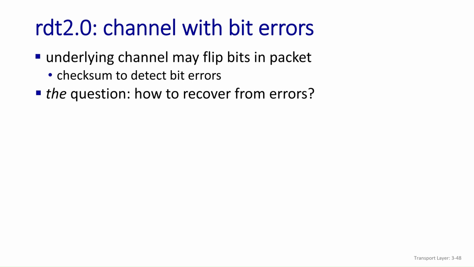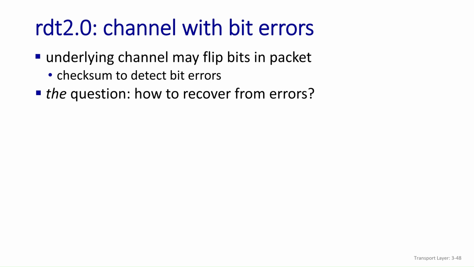So this new reliable data transfer mechanism is called reliable data transfer 2.0, right? And now the characteristic that we are introducing in the underlying channel is that it can introduce errors. It's an unreliable channel with bit errors.